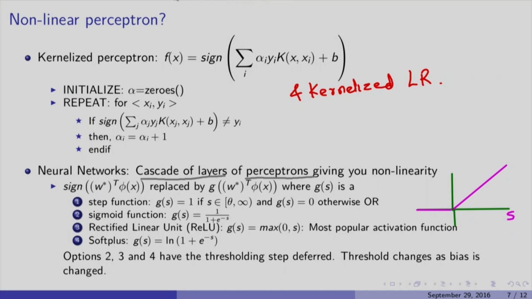An approximation to the rectified linear unit, that is differentiable everywhere, is the softplus function, g(s) equals ln of 1 plus e raised to s. Beg your pardon, this should be e raised to s, and this looks as follows. It can never be negative.